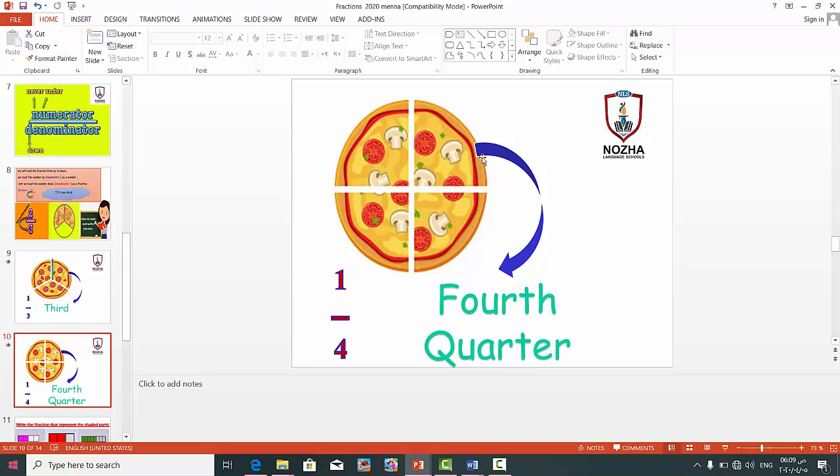I will eat just one part. So the numerator, the number which is up, will be 1. And what about the denominator? The all parts. How many parts here? 1, 2, 3, 4. So I will write 1 over 4. We call it a fourth or quarter.